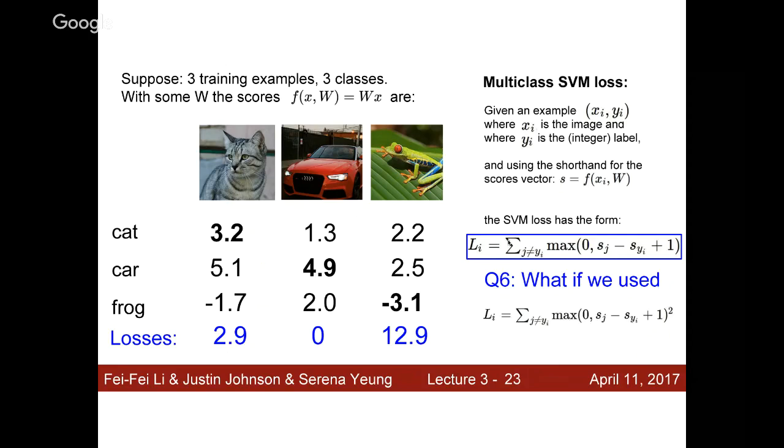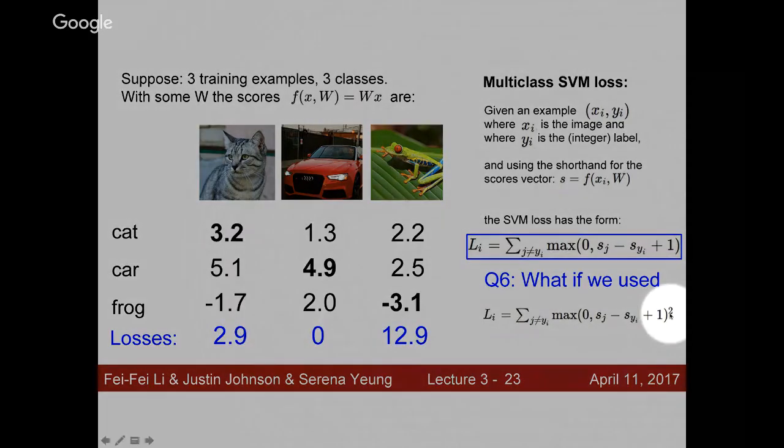Okay, what if we use something like this, a squared loss instead? The only difference here is we have this extra thing here. Why is it better? It exaggerates the differences.